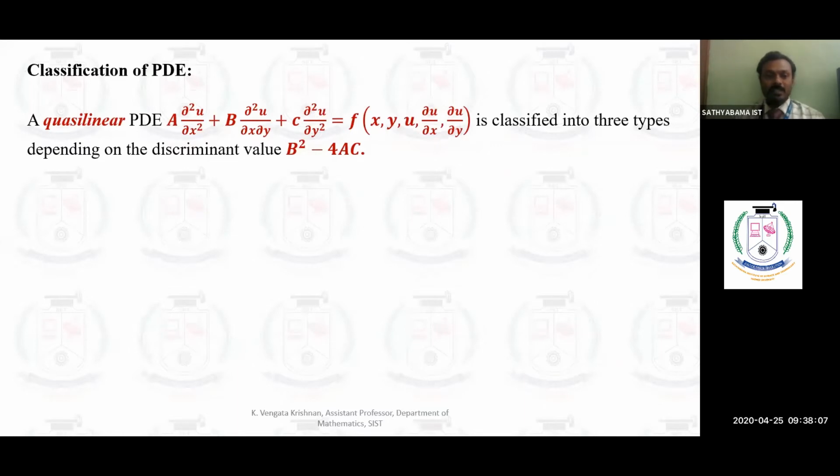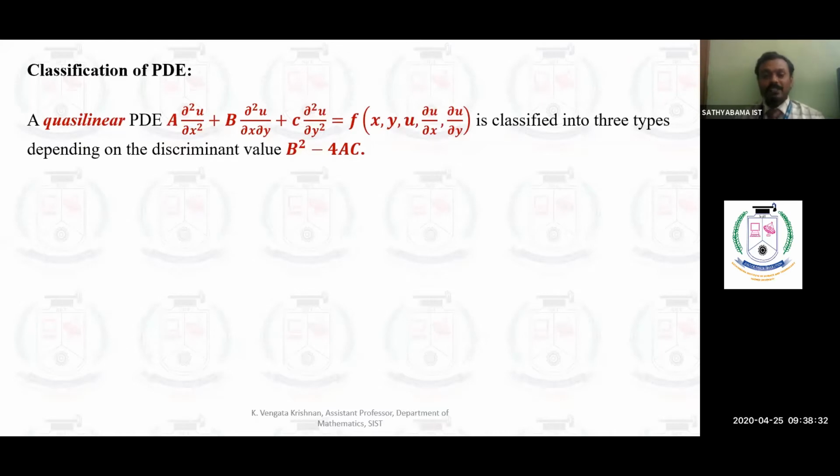Now we are interested in discussing second order partial differential equations. So here you could find all the second order derivatives are of degree 1, whereas our dependent function u, our first order derivatives and our independent variables may be of any degree. Such equations are called quasi-linear partial differential equations.